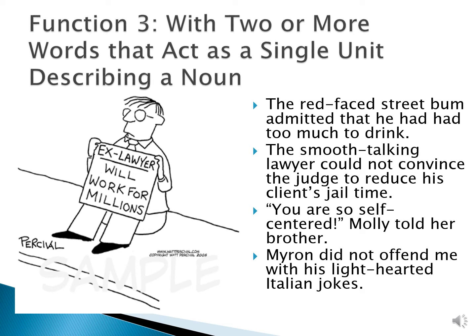Well, if you're writing that correctly, which unfortunately the sign did not, going out of business, every single one of those words would be connected with a hyphen because they are all working together to describe sale. So going, hyphen, out, hyphen, of, hyphen, business. Going out of business is 1 unit.